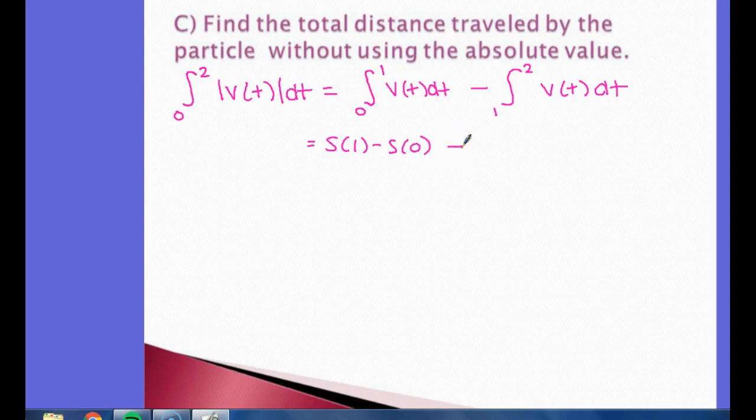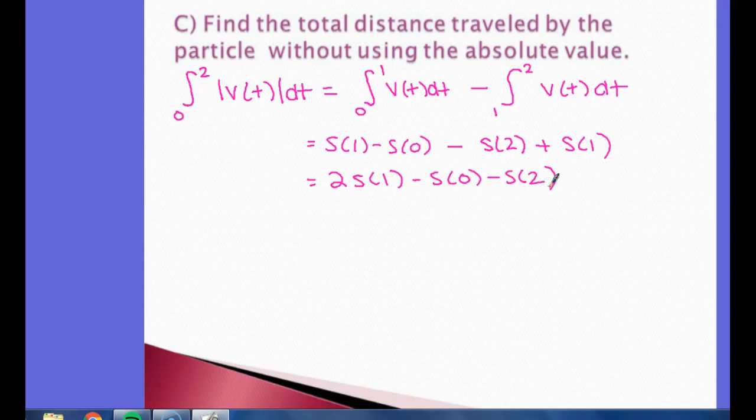Minus the next part, so it would be s of 2 minus s of 1 again, but you have that negative out in front. So really what we're saying is 2 s of 1 minus s of 0 minus s of 2.